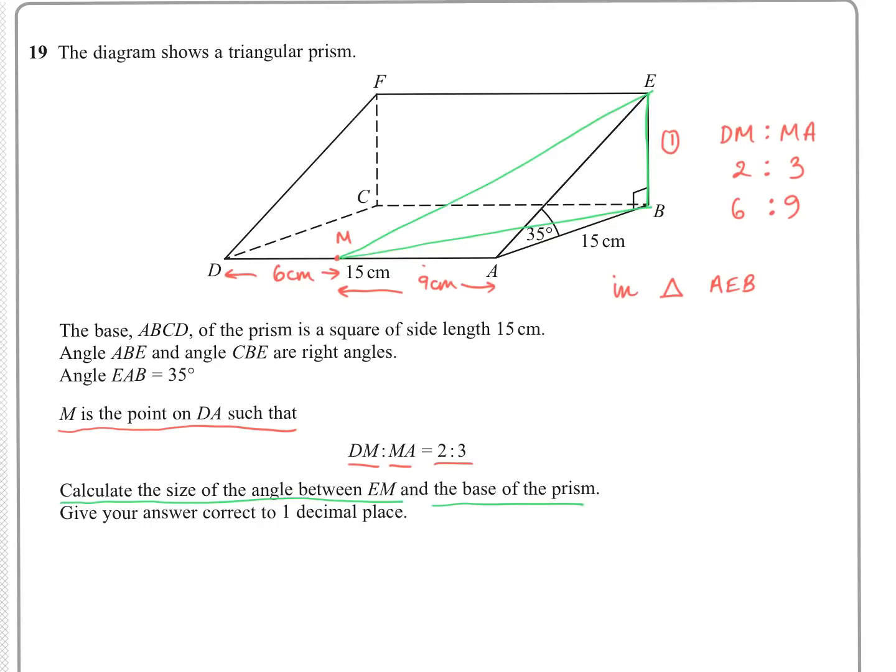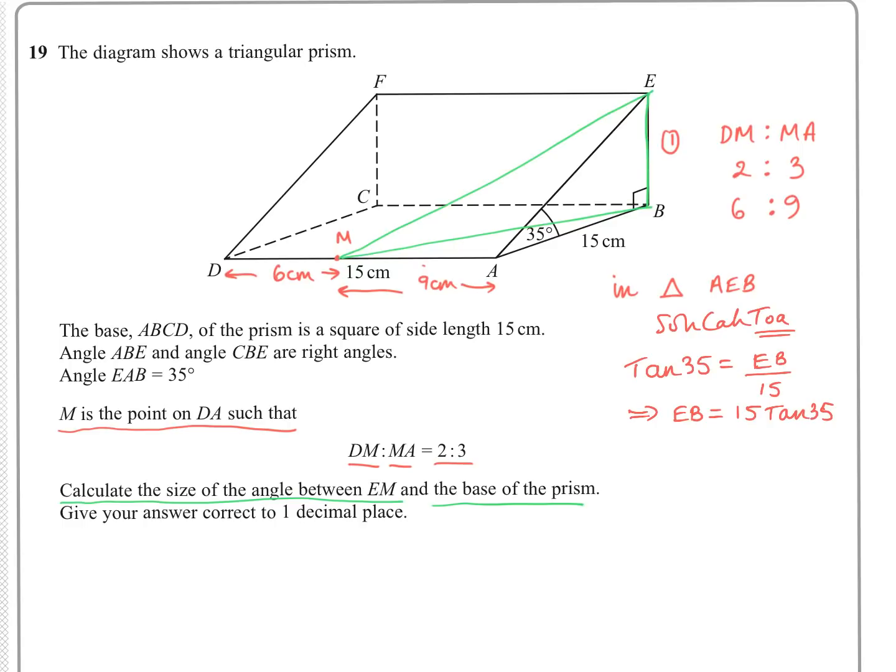So I'm going to use SOHCAHTOA, and we've got opposite and adjacent involved with the angles, so we're going to say tan of the angle, so tan 35 is going to be opposite, which is EB, over the adjacent, which is 15. So that means that EB, times both sides by 15, would be 15 tan 35. I'm not going to decimalize that just yet.